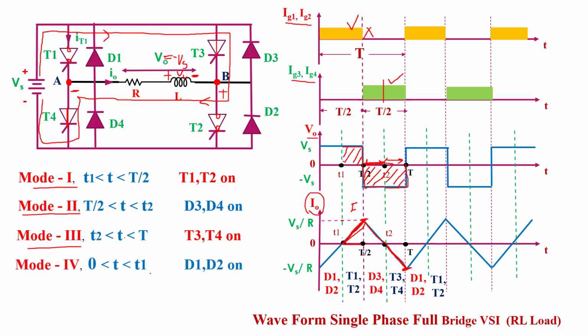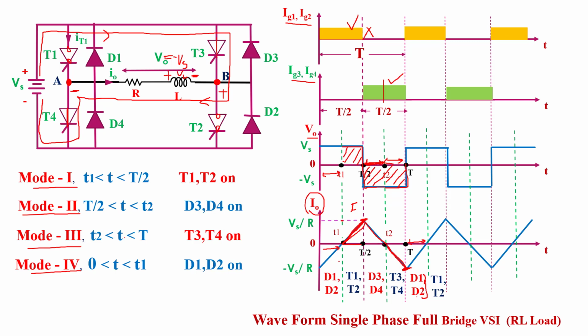Now next, mode number 4 is the time interval 0 to t1. It means this time interval. Now the question arises, why do we take this 0 to t1 time interval? So here we see in this time interval after t, D1 and D2 diodes are conducting, and in 0 to t1 also D1 and D2 diodes are conducting.